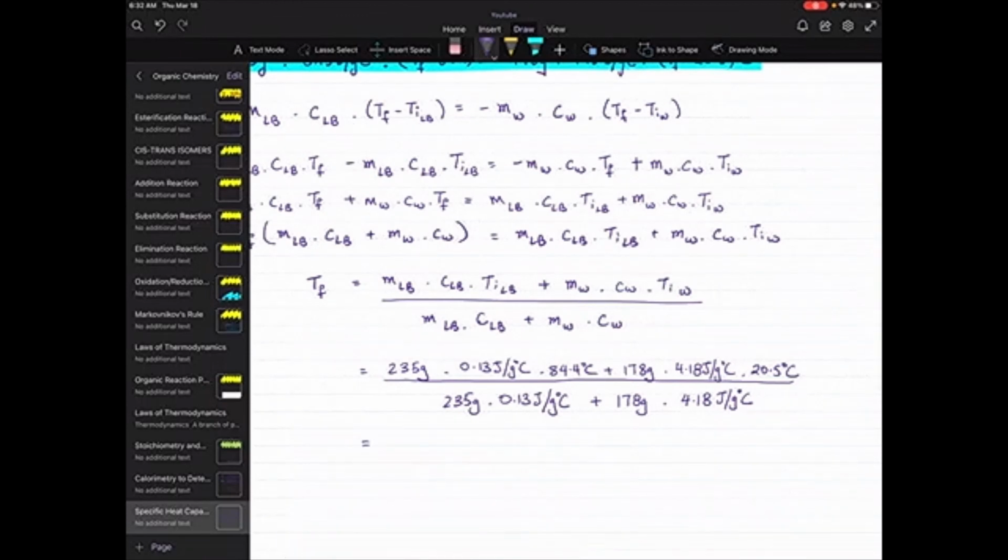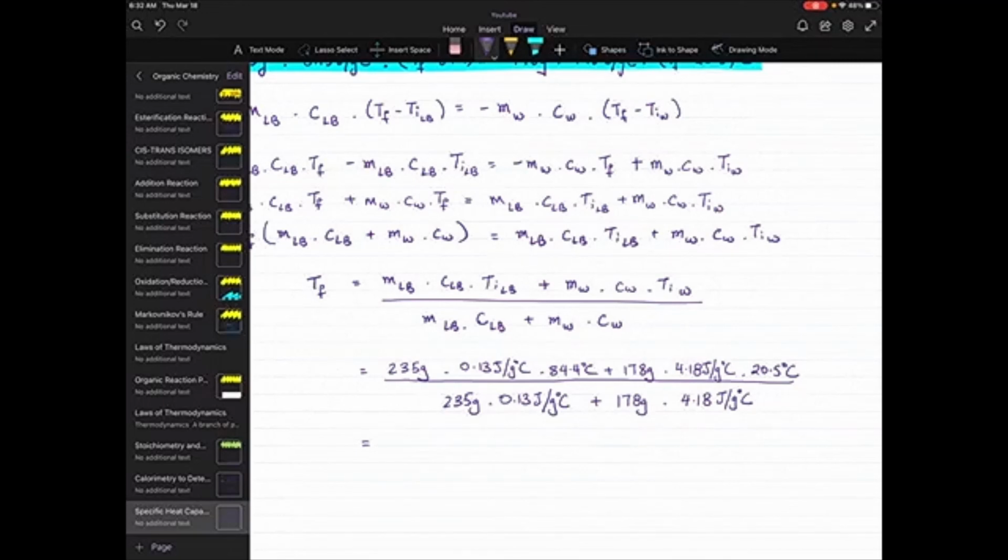So I'm going to get my calculator here and clear everything. Starting from that, we have bracket 235 times 0.13 times 84.4 plus 178 times 4.18 times 20.5. I'm going to close the bracket, divide by the whole thing, bracket 235 times 0.13 plus 178 times 4.18.